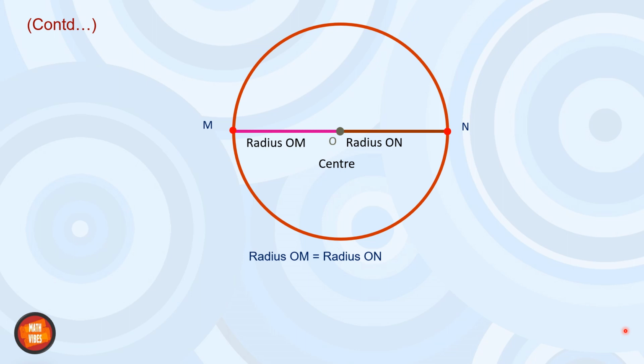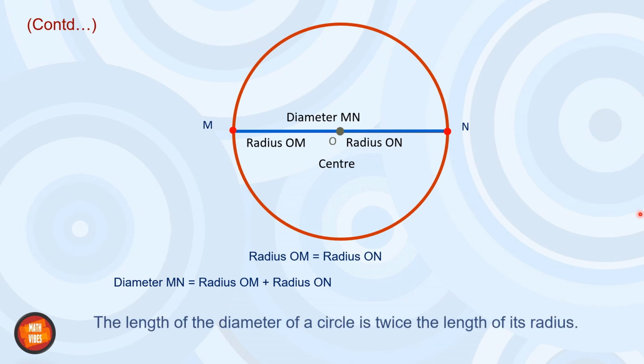That means radius OM is equal to radius ON. We have done that the radii of a circle are of equal length. That means radius OM is also equal to radius ON. And if these are equal, then what does this form? Diameter. So that means diameter MN is equal to radius OM plus radius ON.